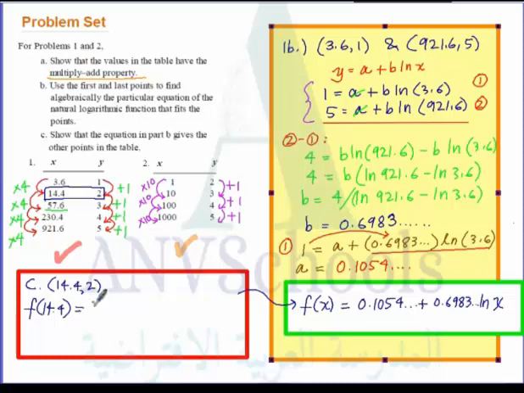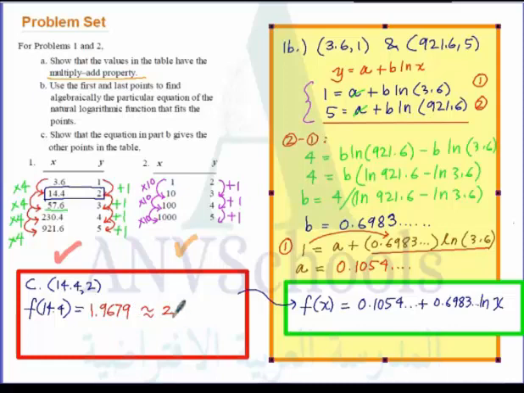So I have 0.1054 plus 0.6983 ln of, what is our x? 14.4. The value is 1.9679, which is approximately equal to 2.